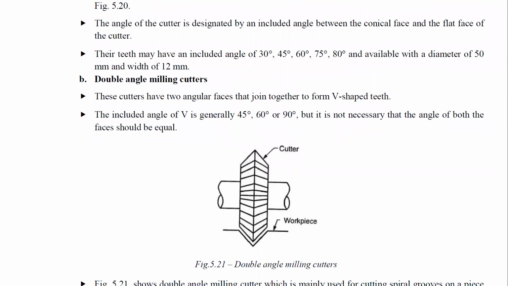Double angle milling cutter. These cutters have two angular faces that join together to form V-shaped teeth. The included angle of the V is generally 45, 60, 90, but it is not necessary that the angle of both faces should be equal.